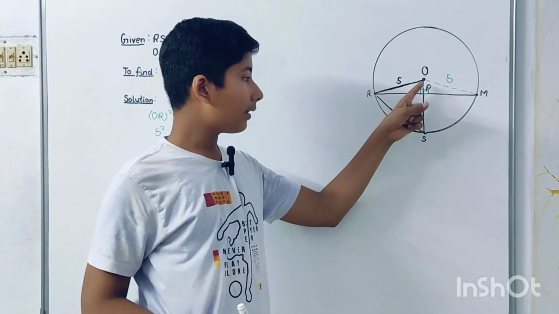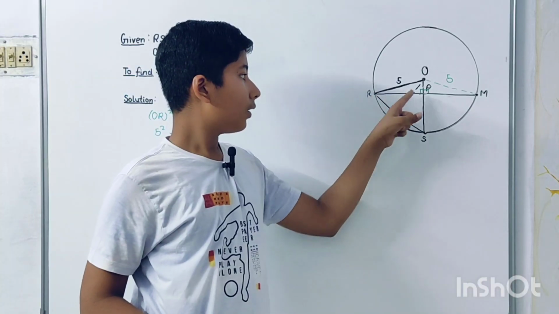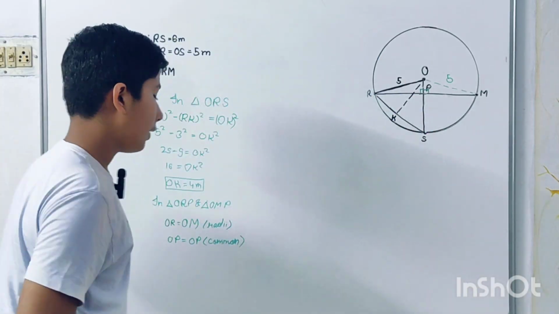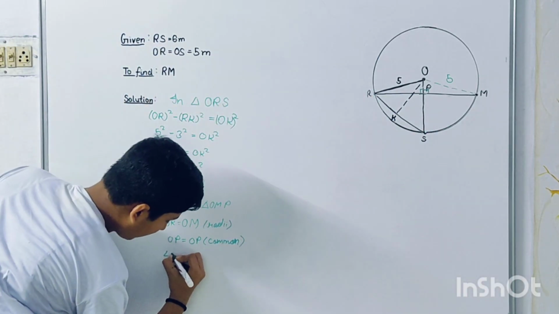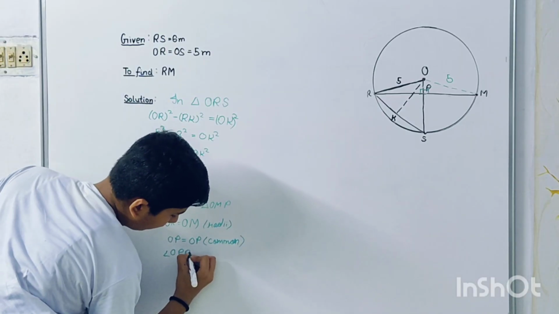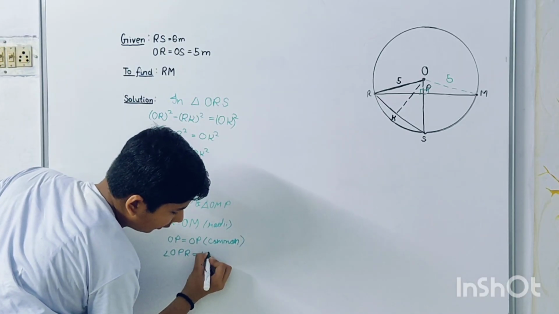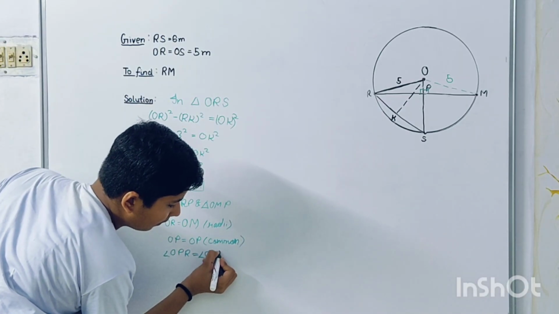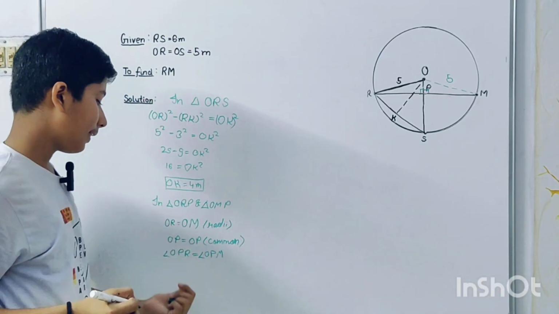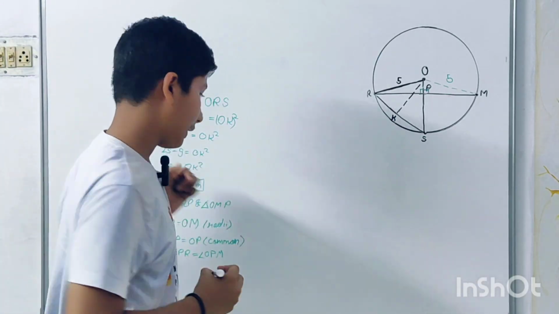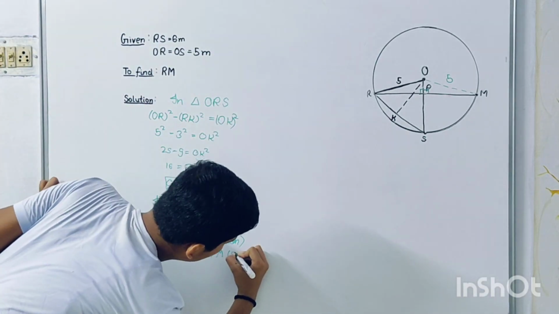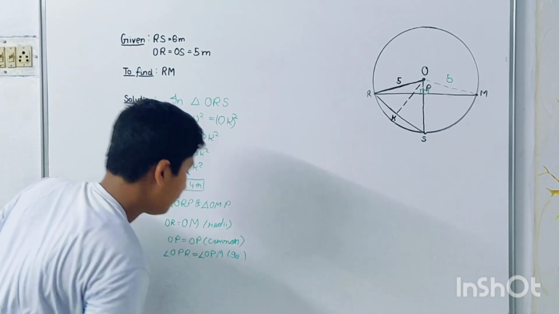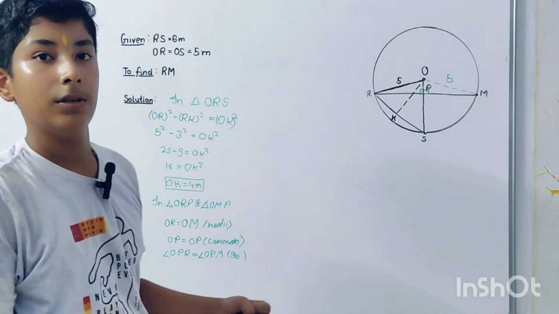And at last, angle OPR equals angle OPM. Why are these angles equal? Because both are 90 degrees. Therefore, by which rule?